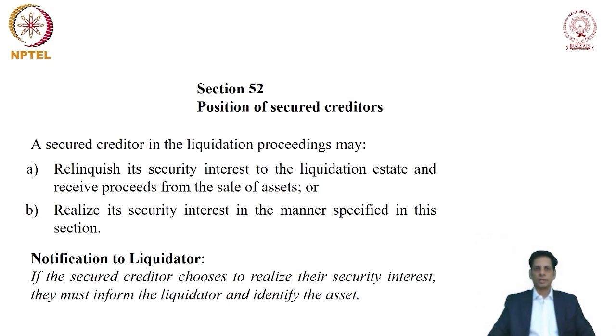These are called extortionate, fraudulent, avoidance transactions, which can be avoided by the company, and all the proceeds can be recovered by the company during the process of liquidation if you realize that there are transactions which are not legal. However, those are complex in nature. I have saved them for the next session. So for the current session, we will focus on section 52 and see what is the position of a secured creditor. Let me explain before I read out the provisions of section 52, what is the confusion here.